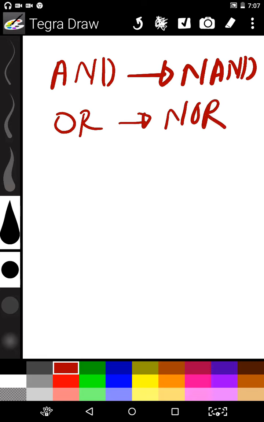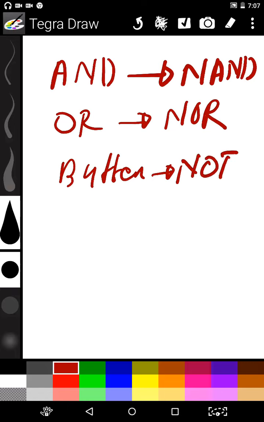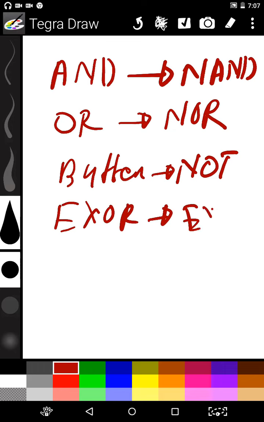Complement of buffer is NOT gate. Complement of XOR gate is XNOR gate. These are some of the complement expressions.